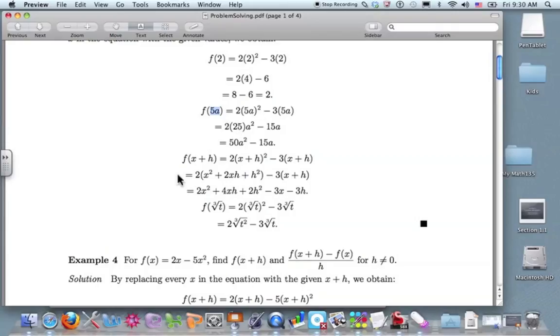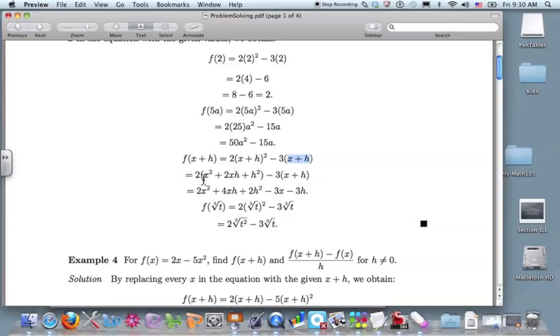The last item is the most challenging, since we are looking for f of x plus h. Since x plus h occurred in the left side inside f, we replace the x in the right side by x plus h. The first one occurred inside the square, and the second one occurred by multiplying by 3.